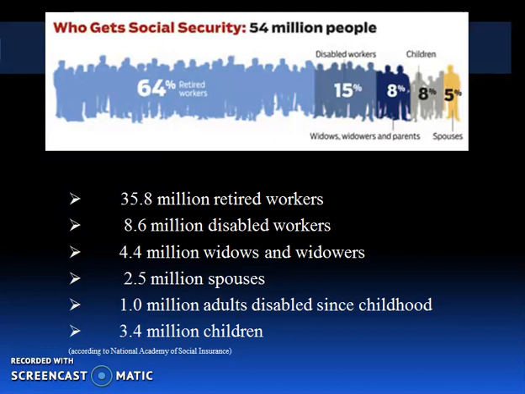Who gets Social Security? I think the 54 million people I have here might not be an accurate number, so that's as close as I could get, so it could be slightly more nowadays. The question is, who really relies on Social Security?